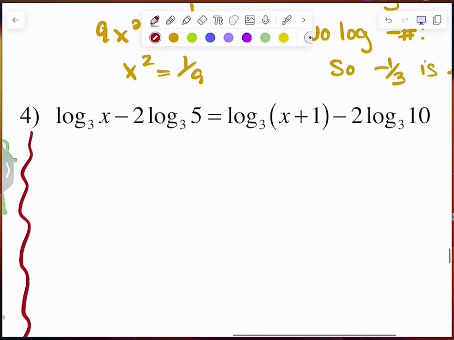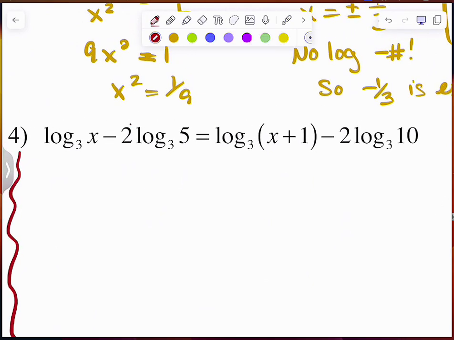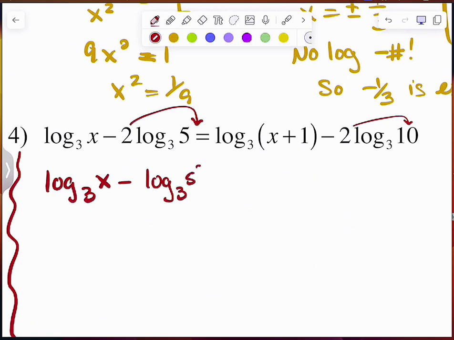Okay, so first, when we condense, exponents pop up. So we're going to pop up the exponents. So I have log base 3 of x minus log base 3 of 5 squared equals log base 3 of x plus 1 minus log base 3 of 10 squared. These are subtractions, so now I'm going to write these as log base 3 of the division.